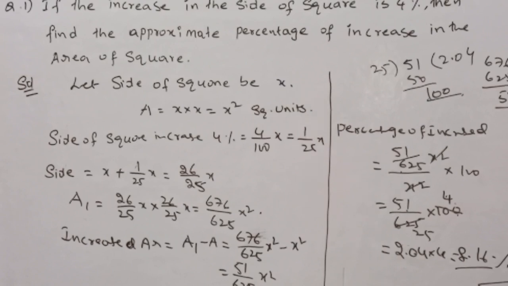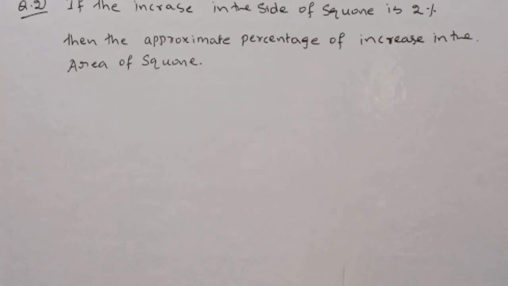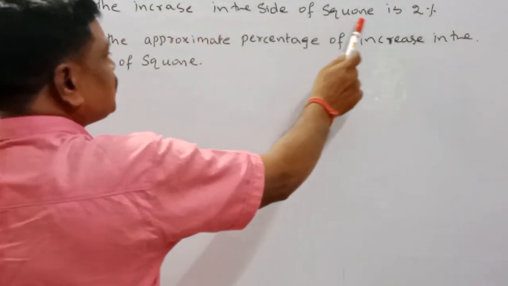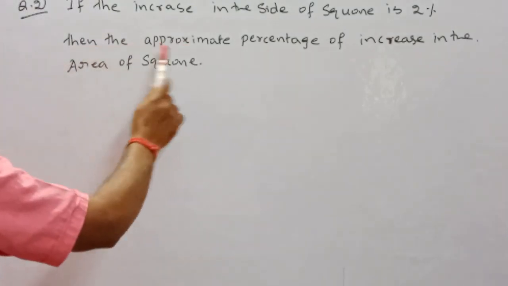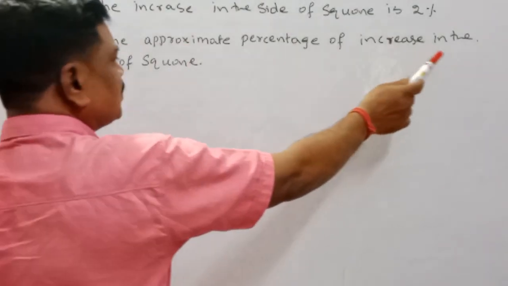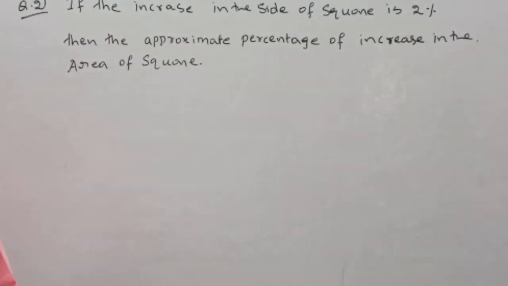Thank you. Here we have one more problem from applications of derivative, similar to the previous one. If the increase in the side of a square is 2%, then find the approximate percentage of increase in the area of the square.